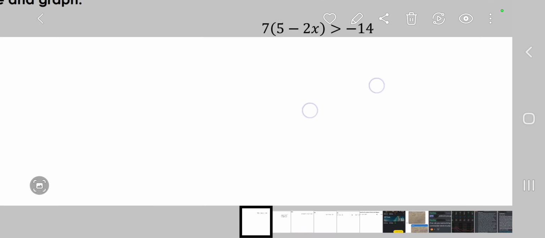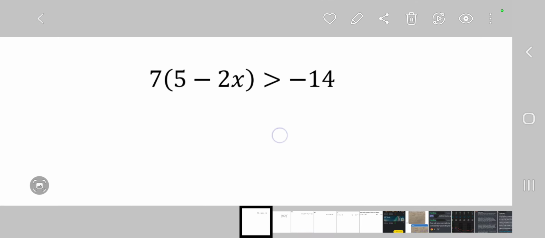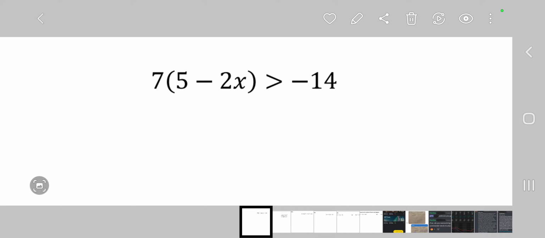And our last one was, can you solve and graph inequalities like we did back in first semester? Step 1, as always, distribute. I'm going to take 7 times both of these, getting 35 minus 14x. And then you put the line so no one else is mad about it.